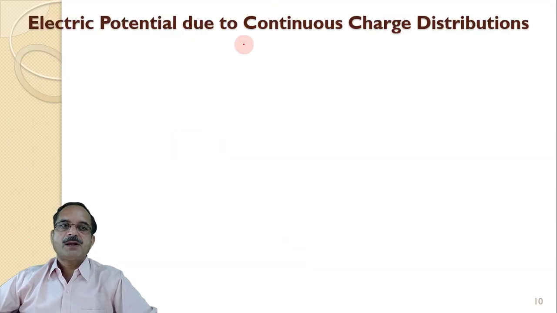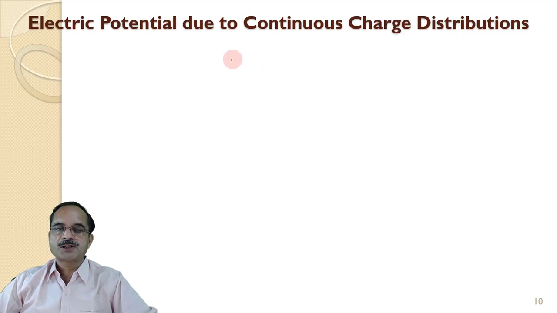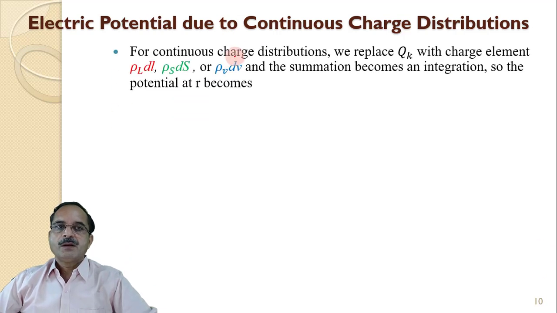Now let us find the expression for the potential because of continuous charge distributions. The continuous charge distribution may be in terms of line charge, surface charge, or volume charge.